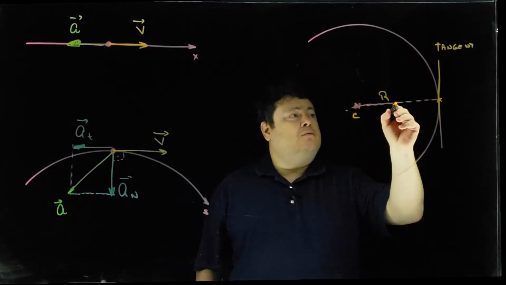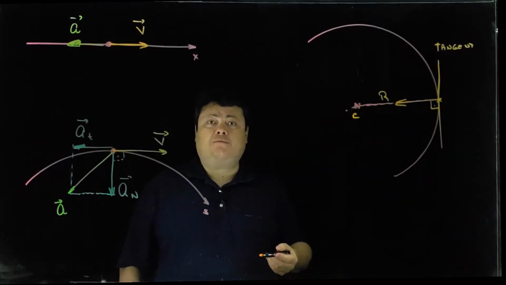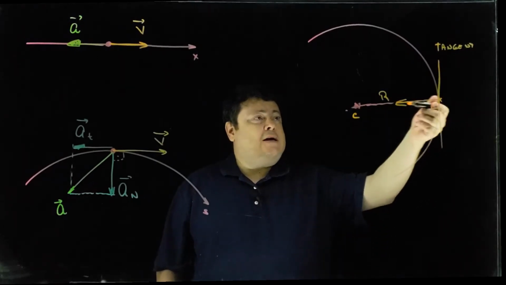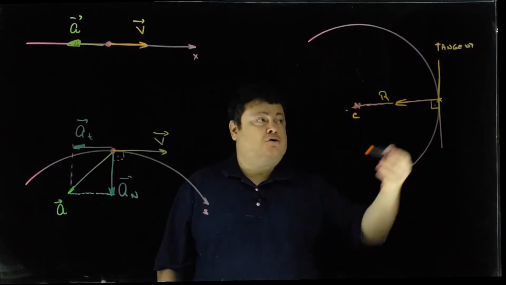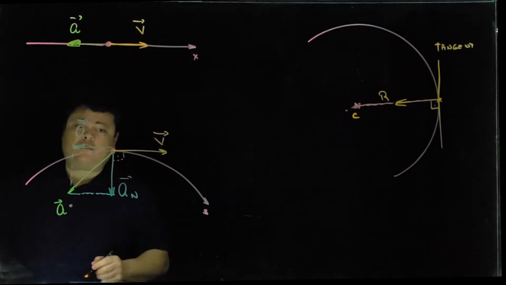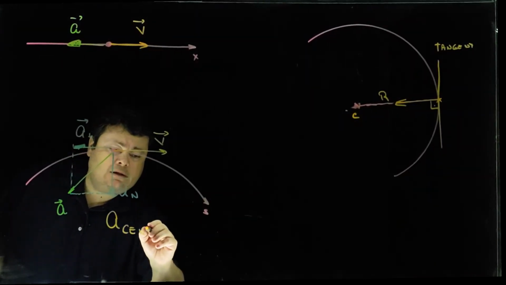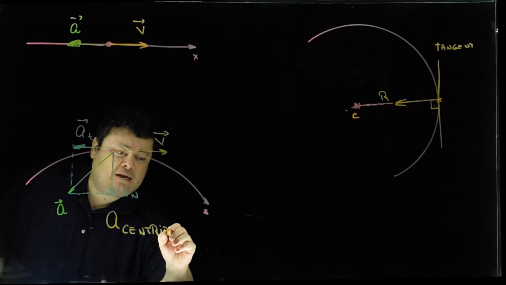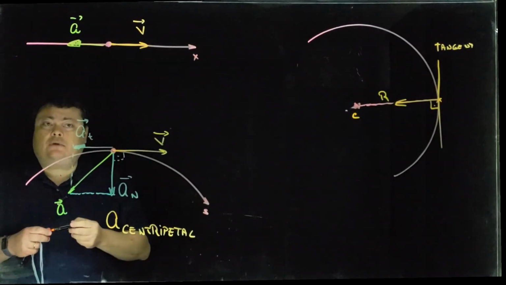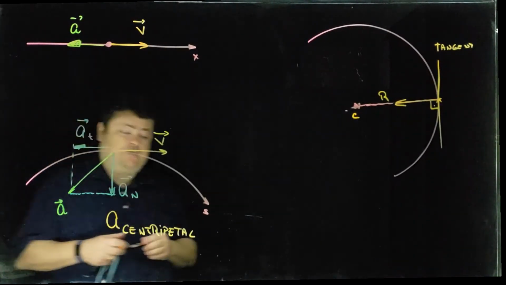And then the normal direction is perpendicular to the tangent. But you can see from the construction that this normal component is actually always pointing towards the center, because it's going to be radial inwards. And because of this, the normal acceleration is also called centripetal, as in center-seeking acceleration. And that's the name I'm going to use more often, centripetal acceleration.